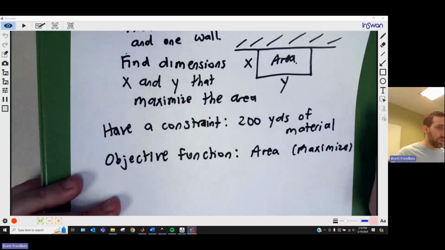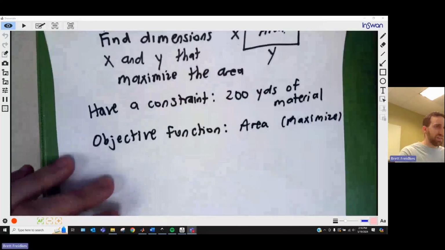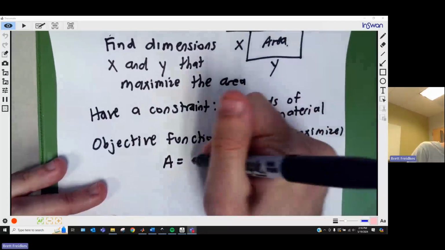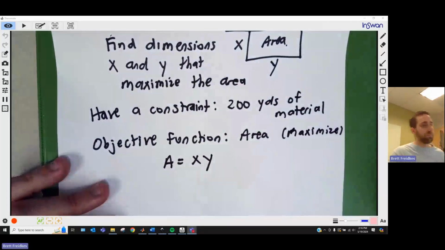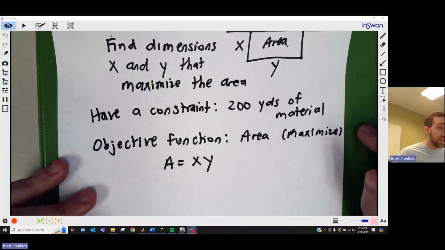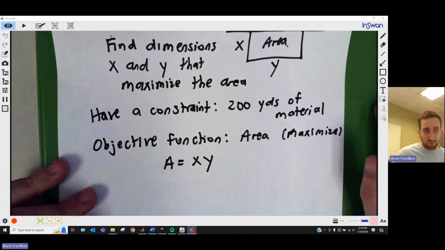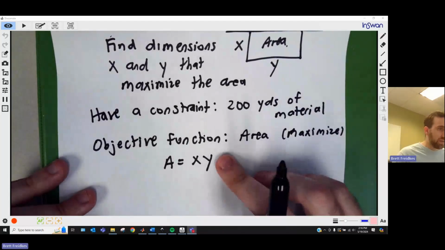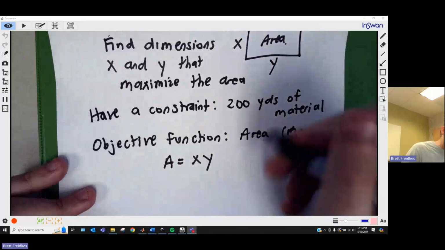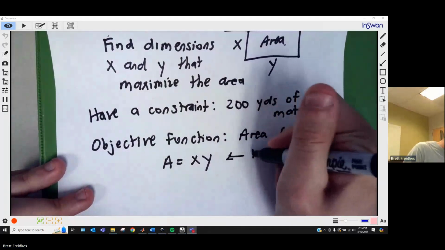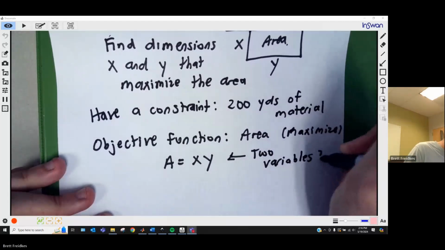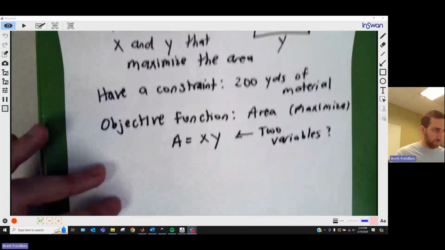So we have to come up with equations for these two things. Well, our area is pretty simple because our area, this is our objective function, is just equal to X times Y. Now, in calculus, when we do maximum or minimization problems, what we typically do is take the derivative of this function, set it equal to 0, and then solve for the variable. But we have 2 variables here. So what do we do?